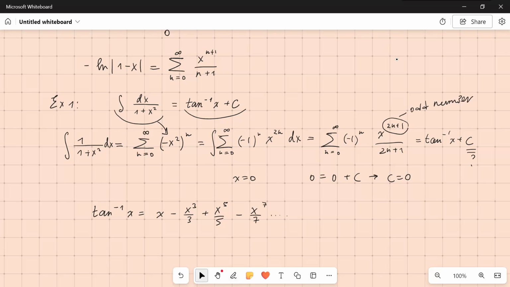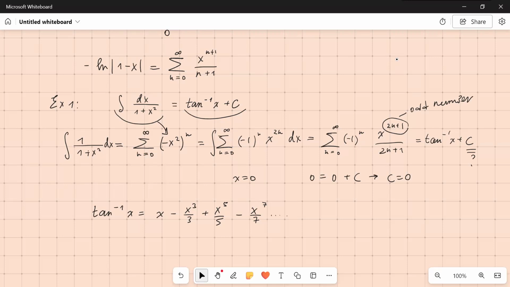Now, guys, we have actually one more series representation for one more function, tangent inverse. We just represented tangent inverse as a sum of series, right? What we can do with that sum of series? Let's plug in 1 instead of x.